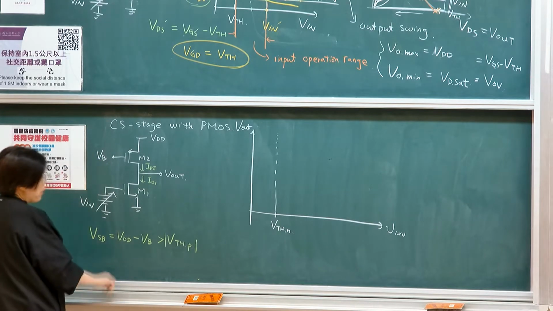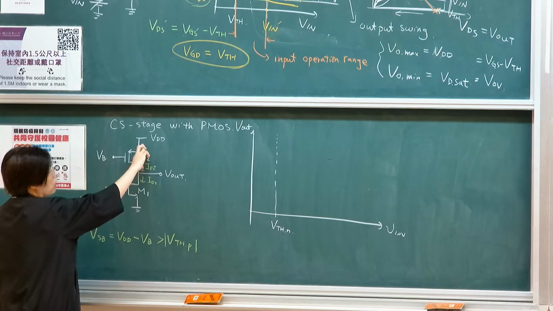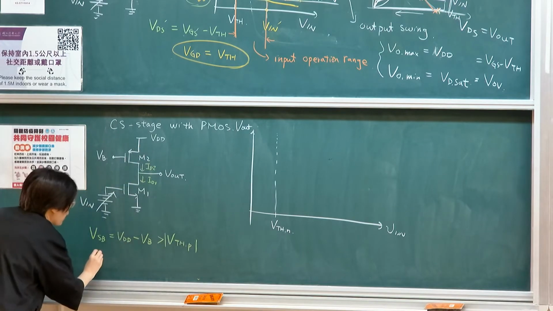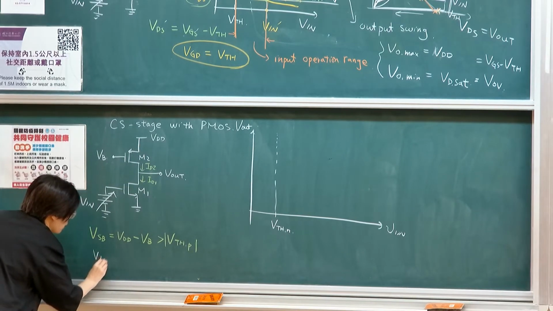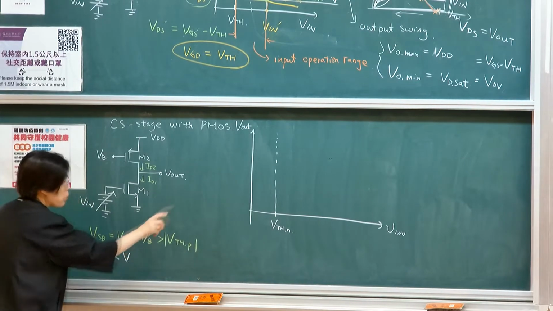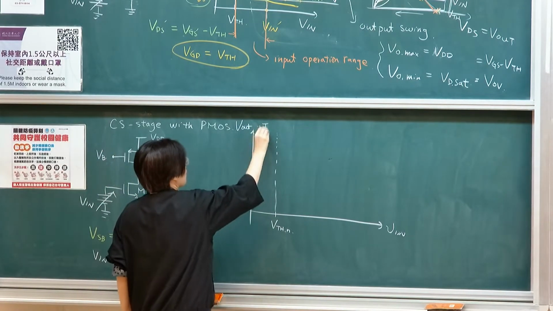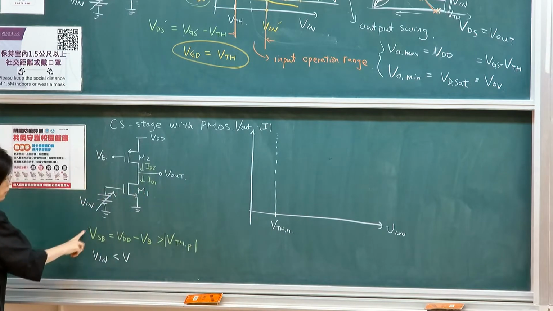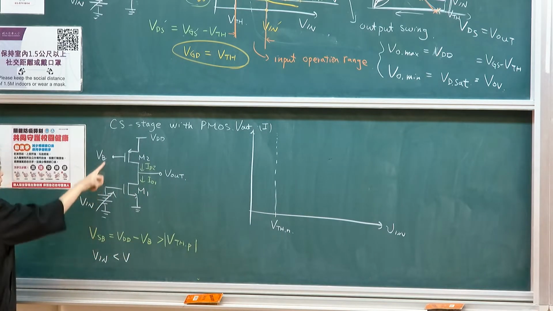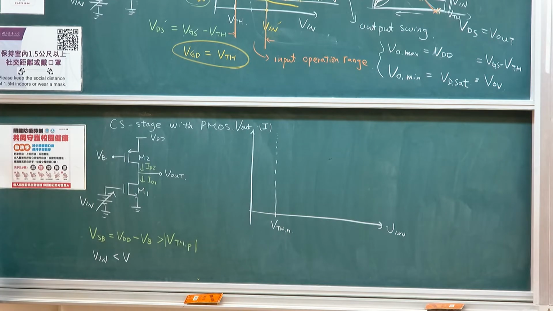But then, at the beginning, if there's no headroom, let's say when Vin is smaller, in region 1, I know that I'm making sure that the overdrive for PMOS is making sure the transistor is on.